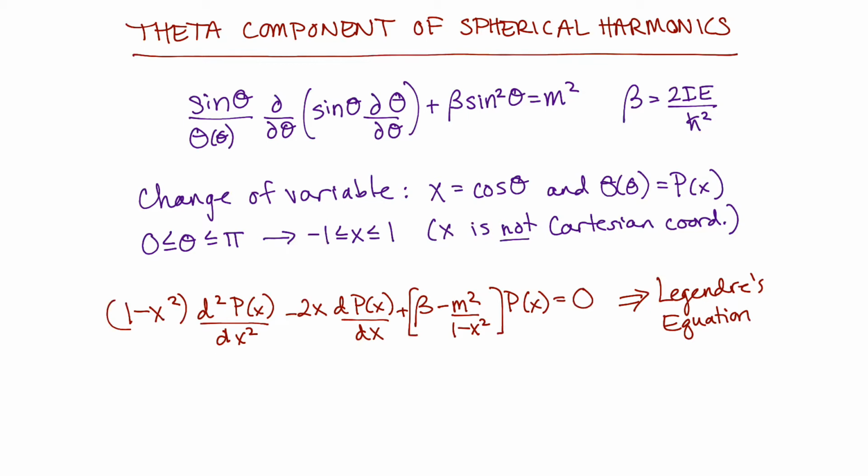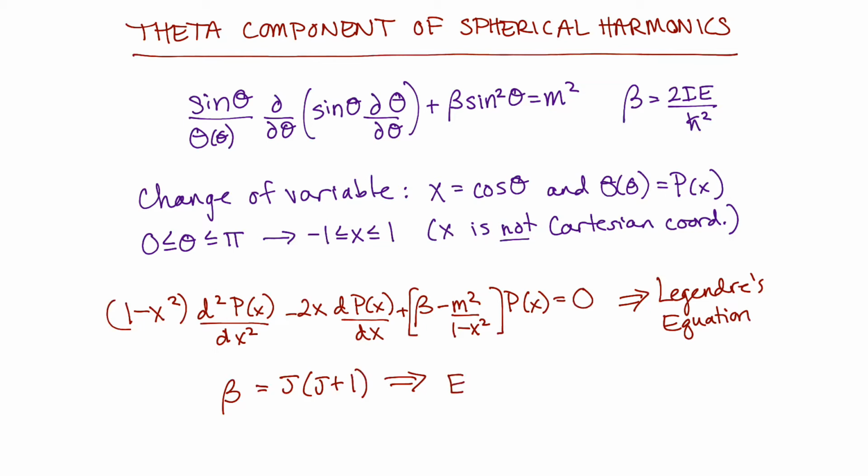It turns out when you solve Legendre's equation, in order for our solutions to be finite at our limits at x equals plus or minus 1, we have to truncate our series, and we end up with beta being equal to J times J plus 1. Then using our relationship here, remember we're always interested in the energy, so we'll just rearrange that expression to solve for energy.